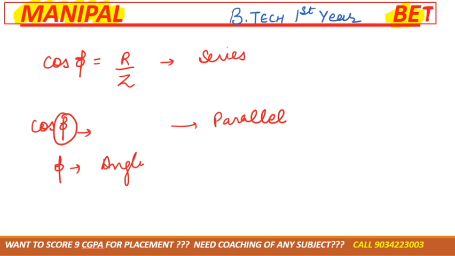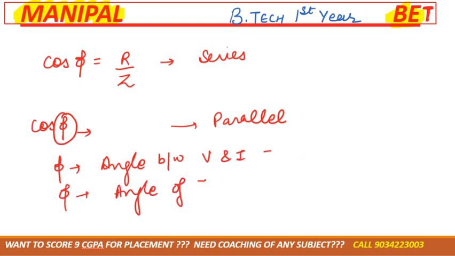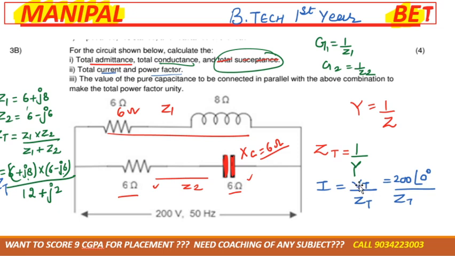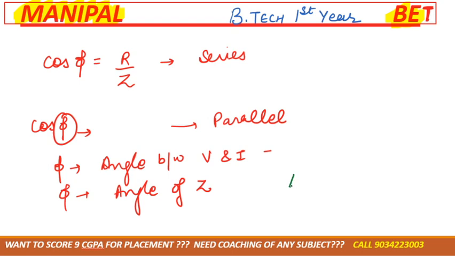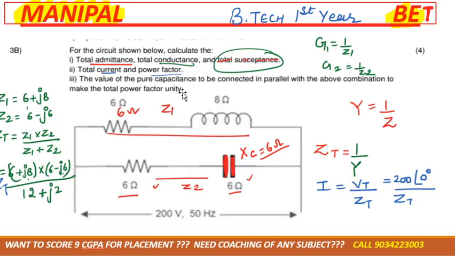The angle between voltage and current. Or we can say phi is the angle of impedance. Calculated impedance over here, right? So whatever the angle of impedance you get, that would be phi. Then tell me, any doubt up to here?